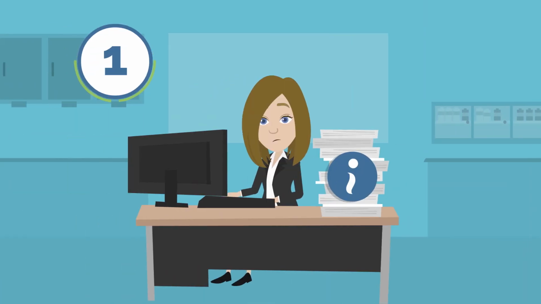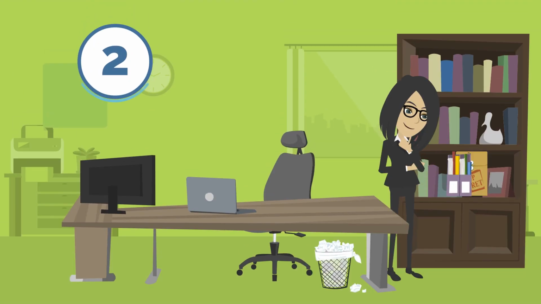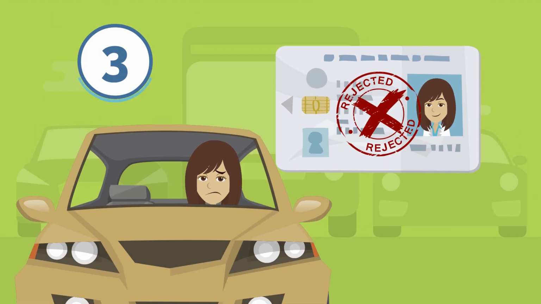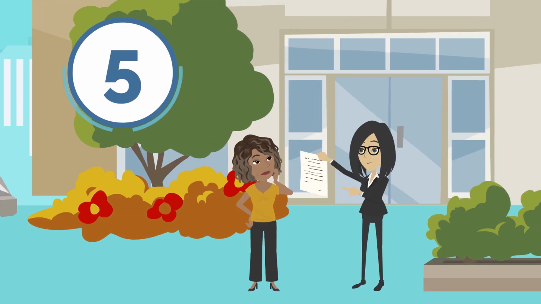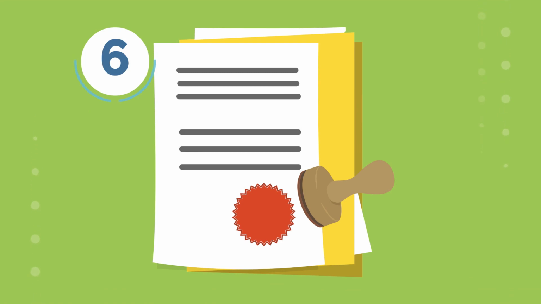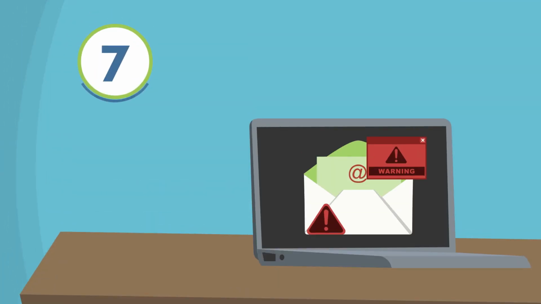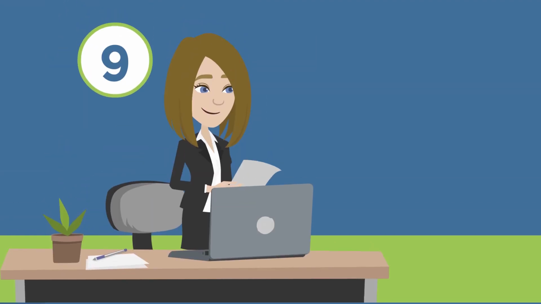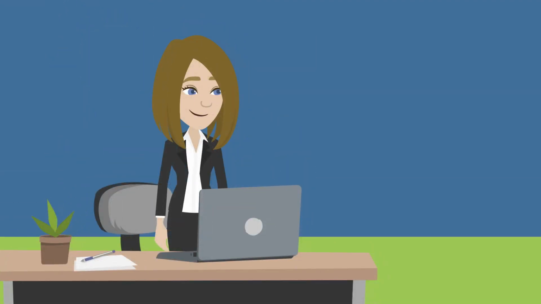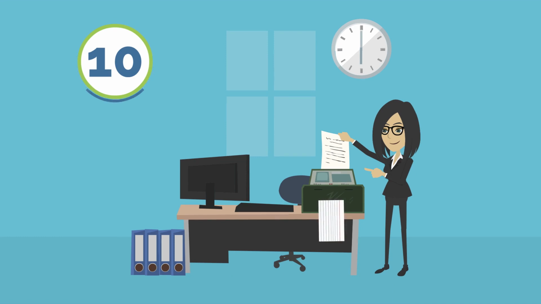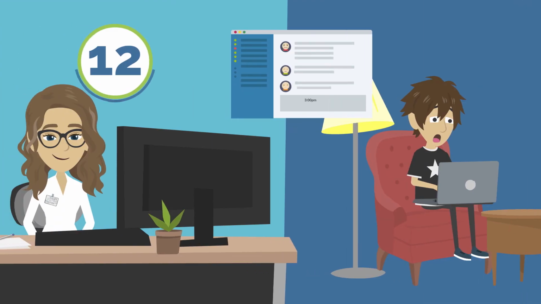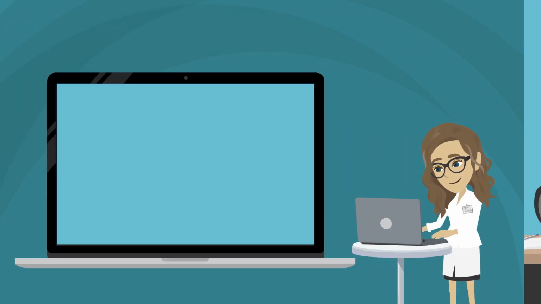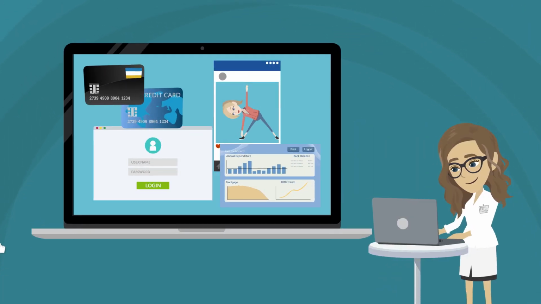Storing information on the desktop, leaving out forms containing confidential information, failure to obtain driver's licenses, releasing information to a family member who is not the legal guardian and does not have signed permission, removing patient forms from the facility, failure to obtain a record release, failure to use secure email, failure to obtain a permission form, improper disposal of confidential information, failure to shred documents at the end of the day, discussing insurance or patient information in a public setting, patient schedule is visible for others to see, Control H, accessing patient information that is not necessary.